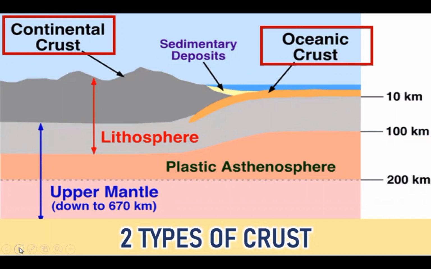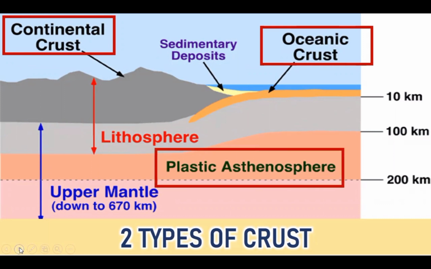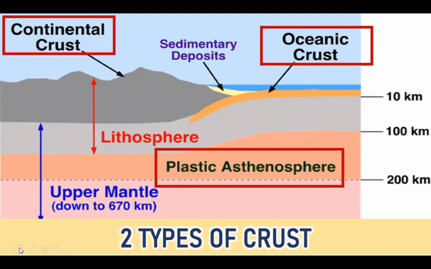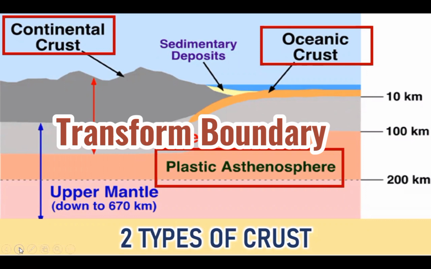Remember, the Earth's lithosphere moves slowly and constantly over time. It rides on a warmer, softer layer of the mantle called the asthenosphere. This movement causes the formation of plate boundaries, namely convergent, divergent, and transform plate boundaries.